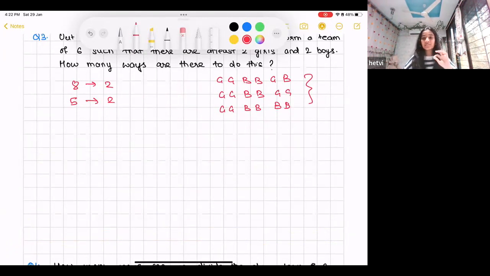Don't find the simplified answer in numbers. Just keep it in 8C something and 5C something only. Instead of 3 different terms, reduce it down to 1 term.